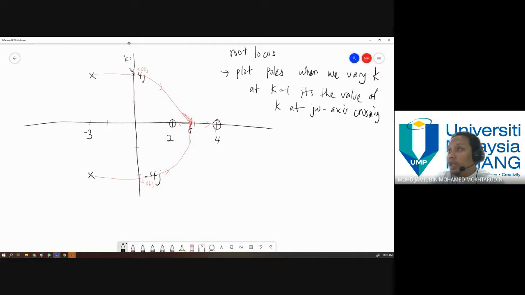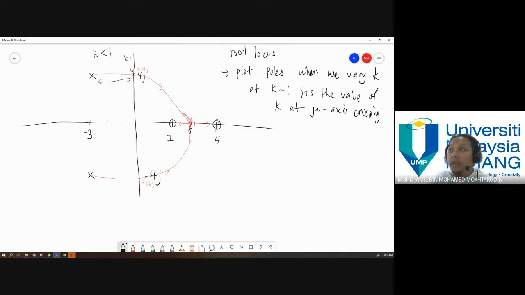And if we use a k value less than 1, we will get a system that has poles in this section of the S-plane. Meaning that when k is less than 1, our poles are located on the left-hand side of the S-plane, so the system will become stable.